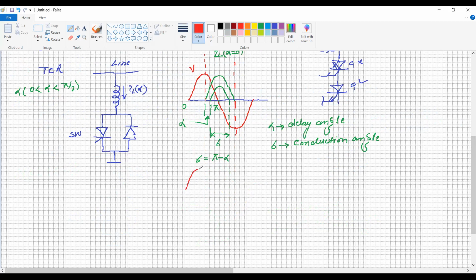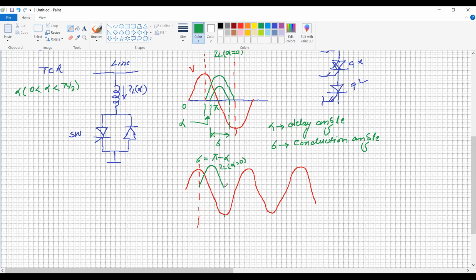Say this is the voltage, and after 90 degrees we want to conduct the current. So there is no delay at all. When there is no delay, just like an inductive current, alpha is equal to 0, the first case, isn't it?